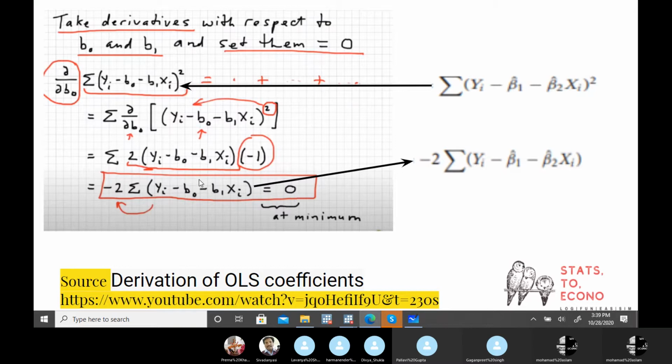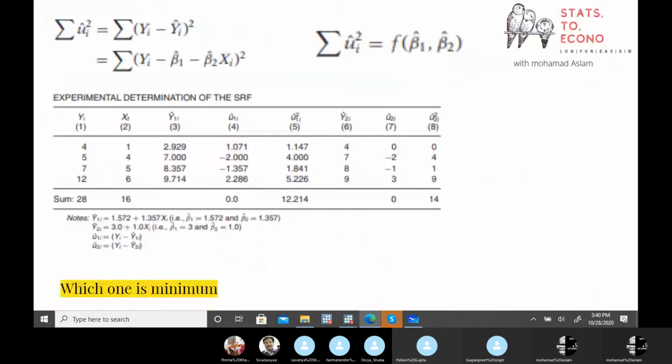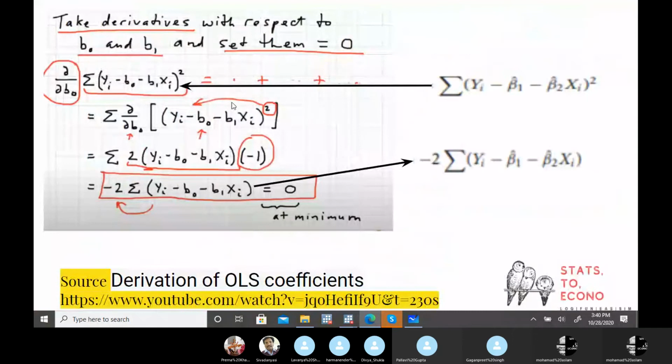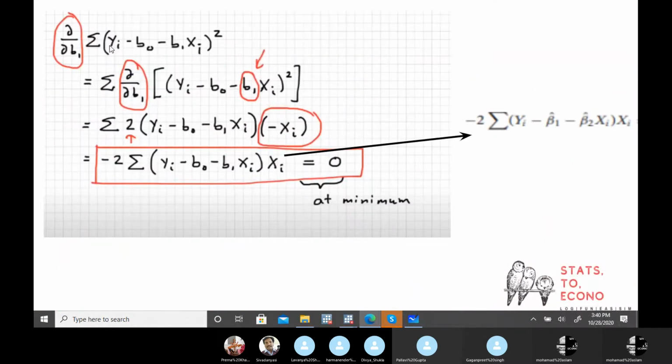So now just keep in mind this equation, it's with respect to beta 1 hat or beta 0. Second, we are going to use this derivation for beta 2 hat or beta 1. Don't get confused with the notations, just take it as beta 2 hat. Again, first multiply by the power, then the coefficient of that particular estimate.